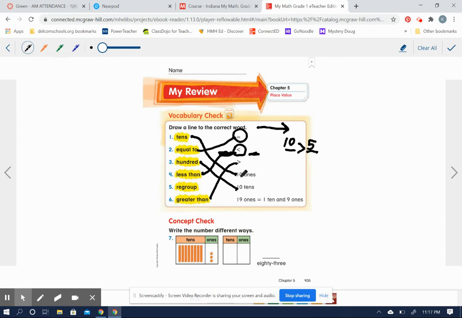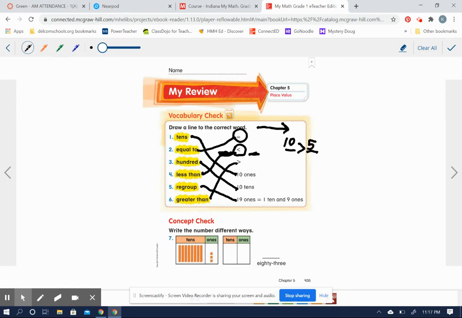And then if you regroup, let's see, 19 ones, yes, if you break that down, or grouping it by tens and ones, then 19 equals 1 ten and 9 ones. Regroup.